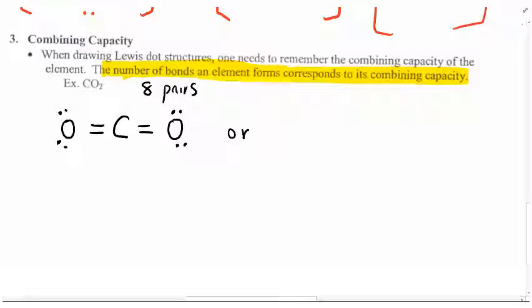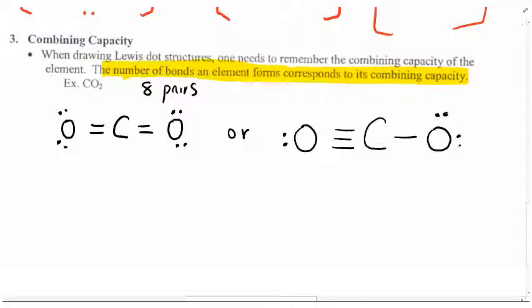Instead of getting this answer, there could be a different answer that is also considered correct according to the octet rule. I could have a triple bond and a single bond, 1 pair for 1 oxygen and then 3 pairs for the second one. And the same thing, I used up all 8 pairs, and it's all octet rule for all the atoms.